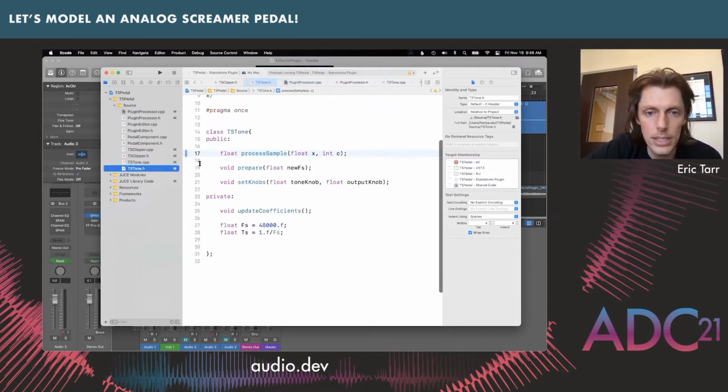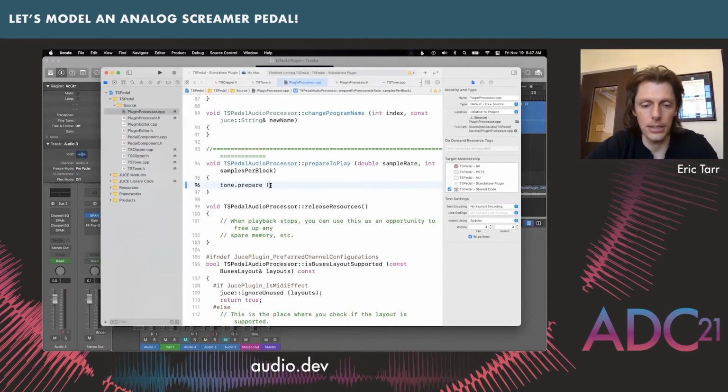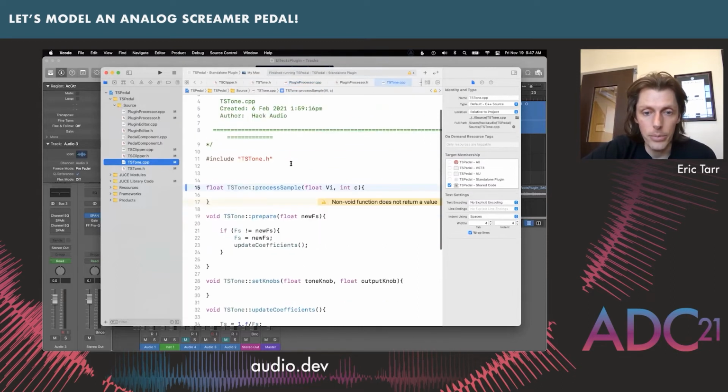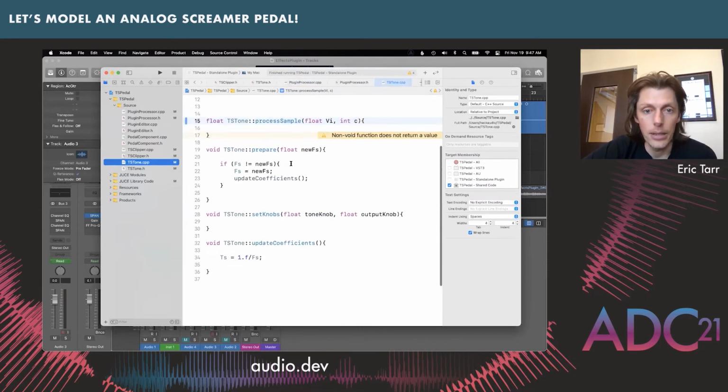We'll want to set our sampling rate in here, so we'll call that method for it and pass in our sample rate to get things initialized. And then over in our TS tone, let's make sure that we have, okay, this is already set up where we will update our sampling rate and then update our coefficients down below. So that one should be good to go.